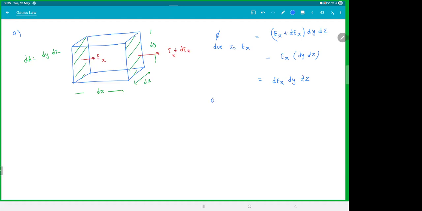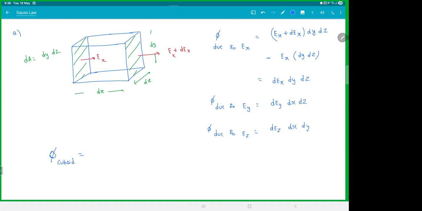The same way I can argue for Ey. You can see now this will be dEy, and the area will be the perpendicular ones, dx dz. Similarly, the flux due to Ez will be dEz, and the area will be dx dy. Is this making sense? So each component of the field will create flux differently. This is the general formula for flux.